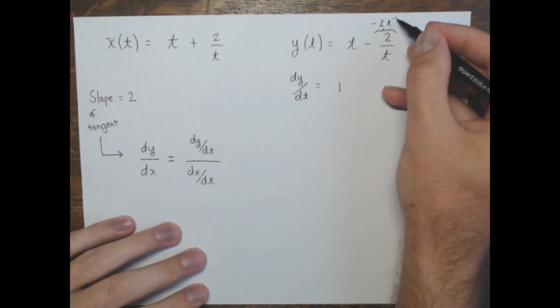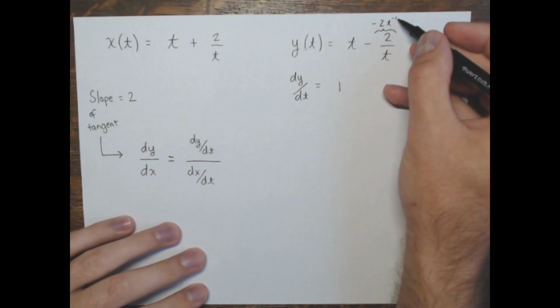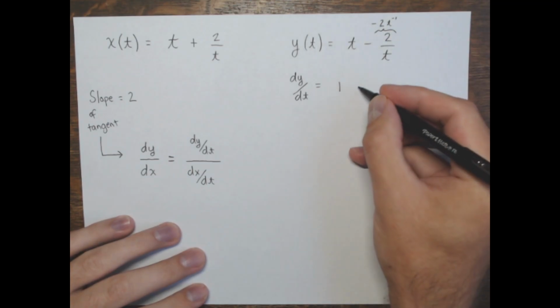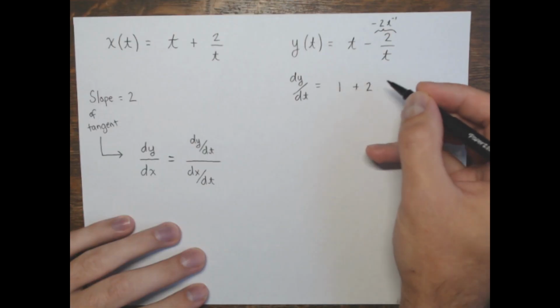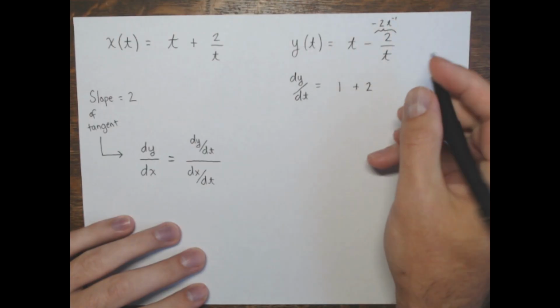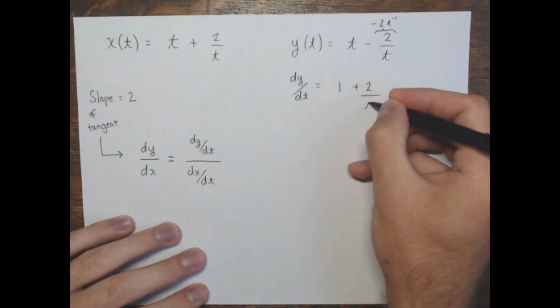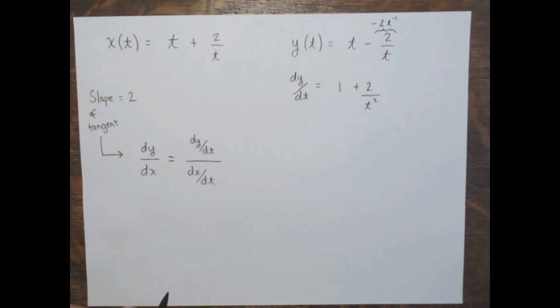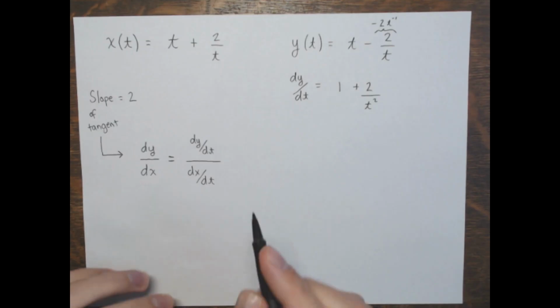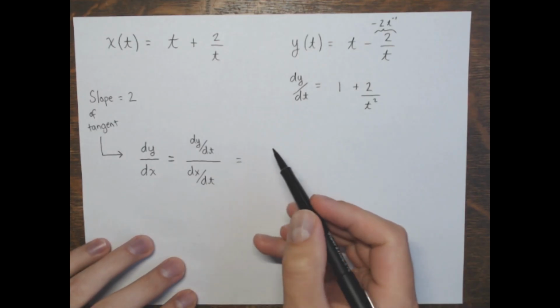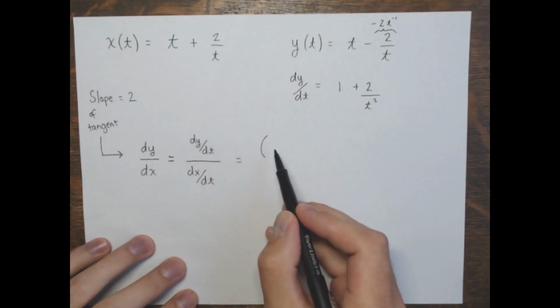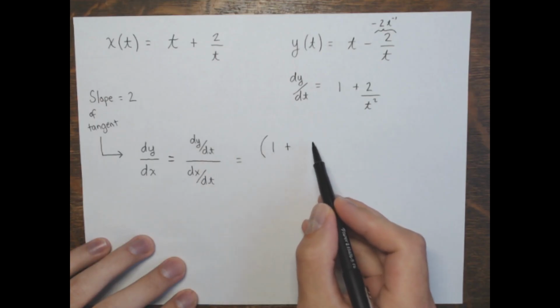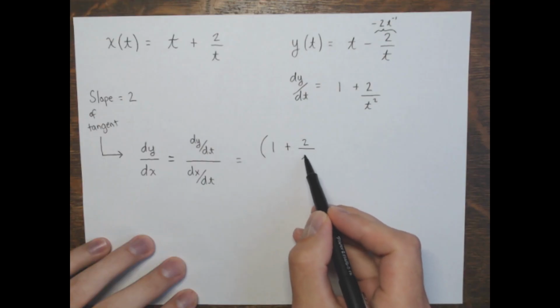Applying the power rule, this would be plus 2 times t to the negative second, which is 1 over t squared. So you get 1 plus 2 over t squared for dy over dt, the derivative of y with respect to t. I'll put that in the numerator here: 1 plus 2 divided by t squared.